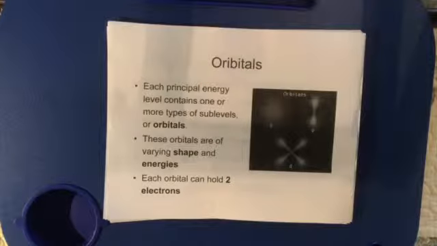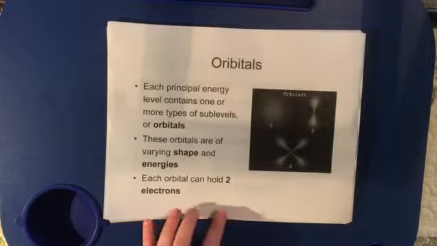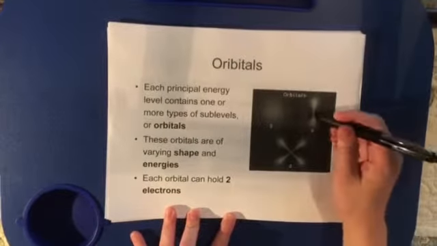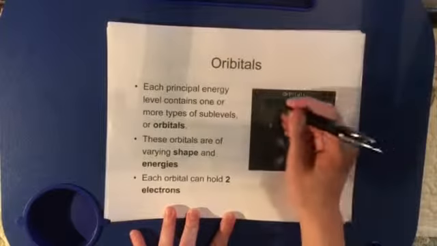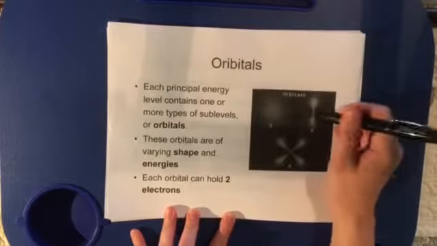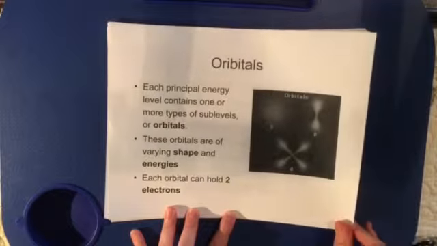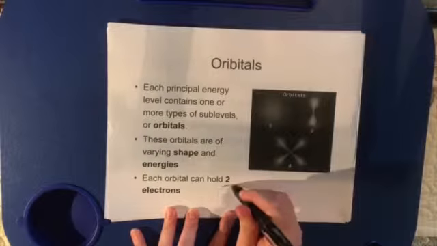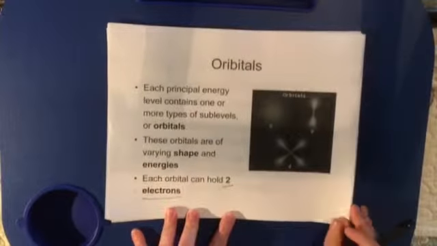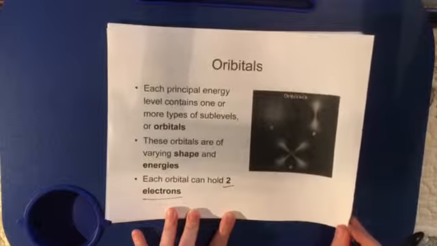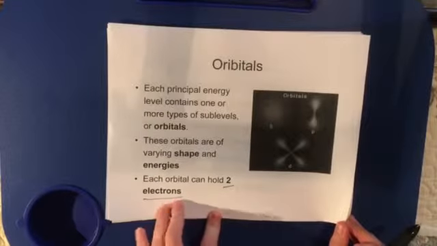These orbitals vary in shape and energy. They have these weird shapes, and that is representative of the type of energy they have. And each orbital can hold 2 electrons. So that's important. We have energy levels with orbitals, and each one can hold 2 electrons.